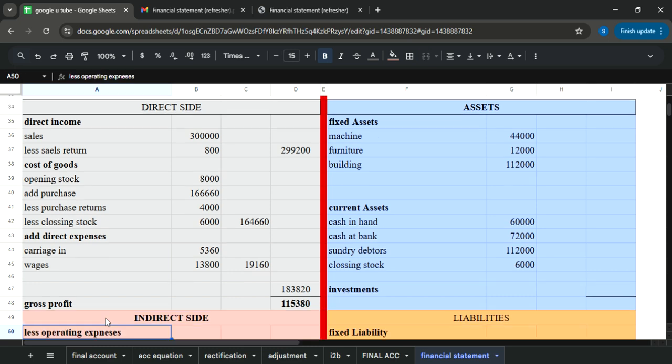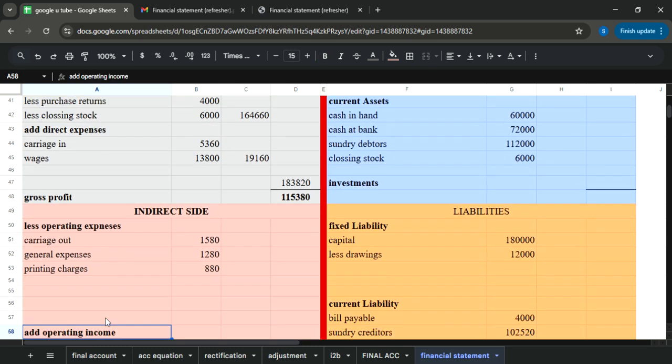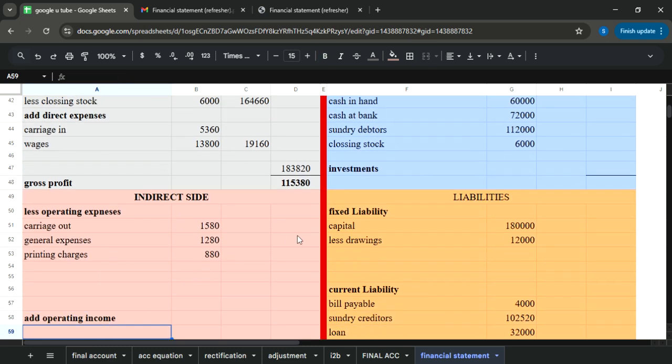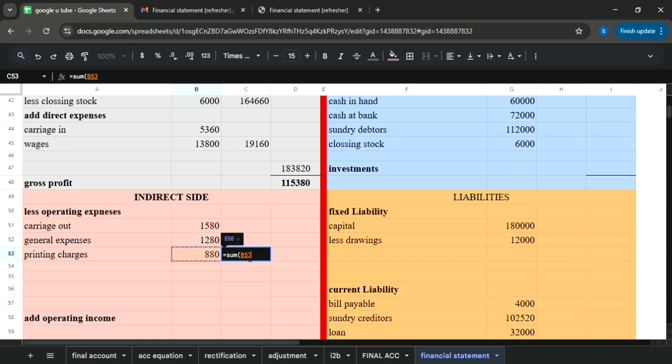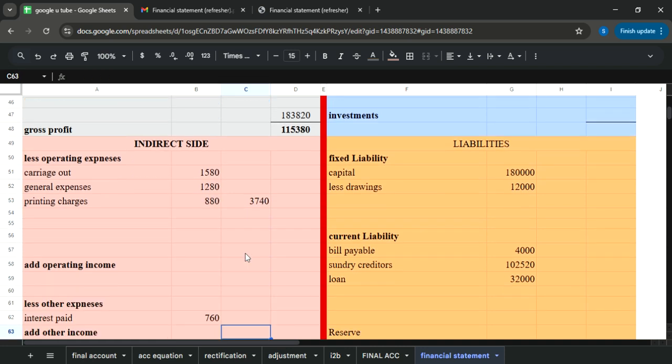So after gross profit, we will go to the lower part. Look, total operating expenses. You can see that there are three expenses: 1580, 1280 and 880. This is operating expense total, and here you can mention that total cost is 3740.